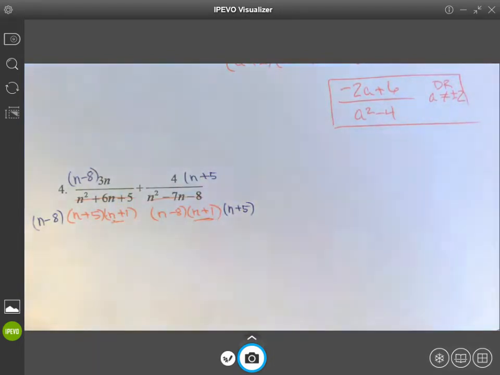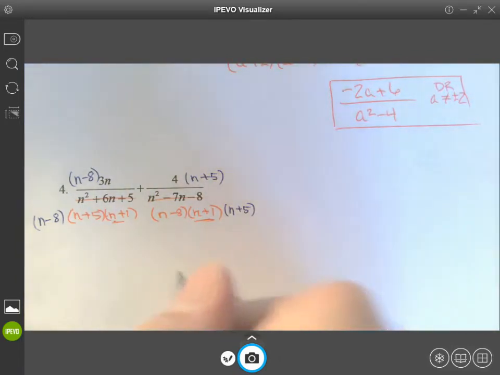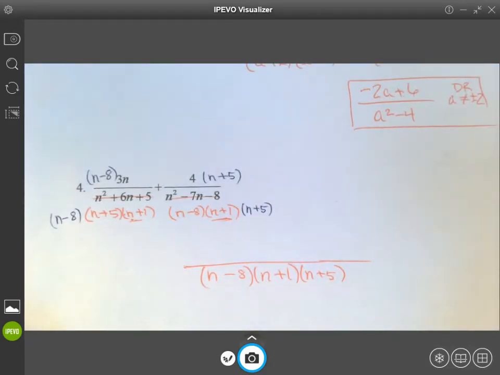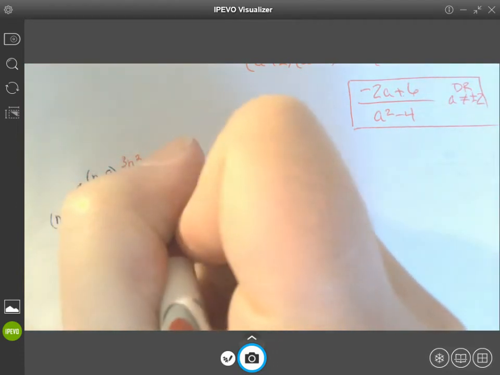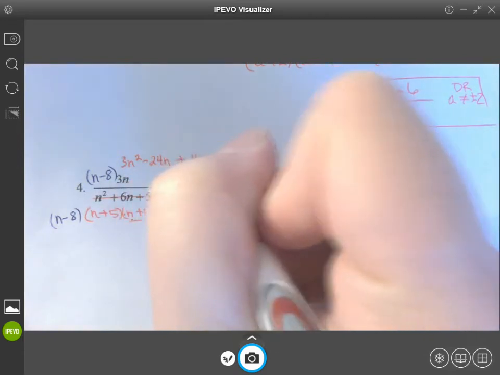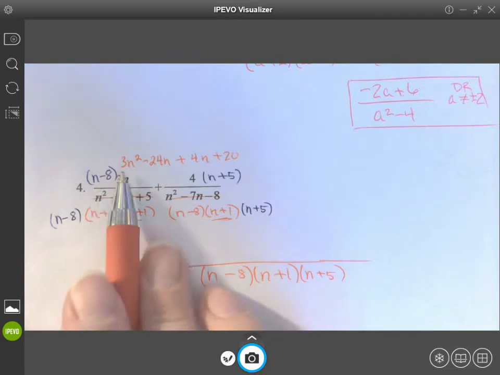Okay, let's clean it up. Common denominator has 3 pieces: n minus 8, n plus 1, n plus 5. Numerator. I don't want to write it 5,000 times, so I'm going to distribute. This would be 3n squared minus 24n. And over here would be a positive 4n plus 20. Okay, so I distributed.